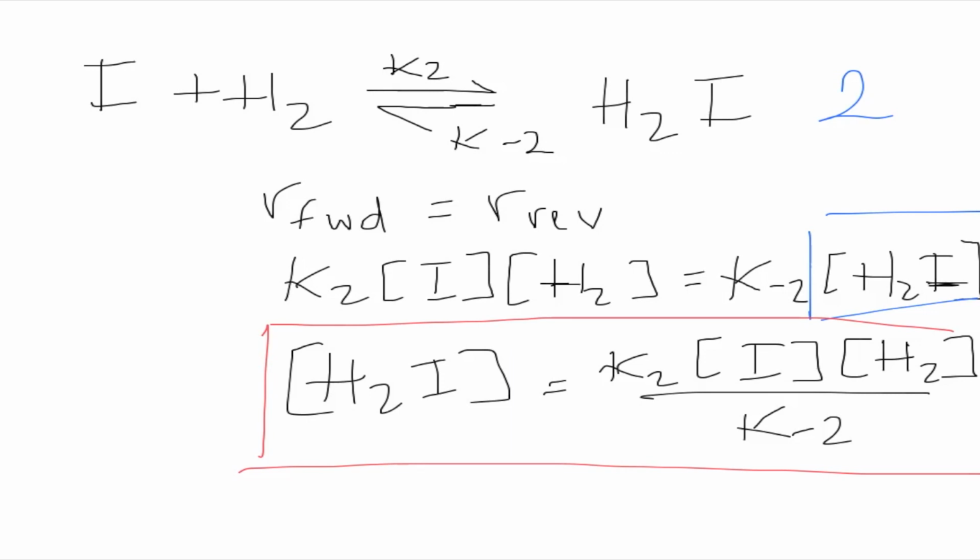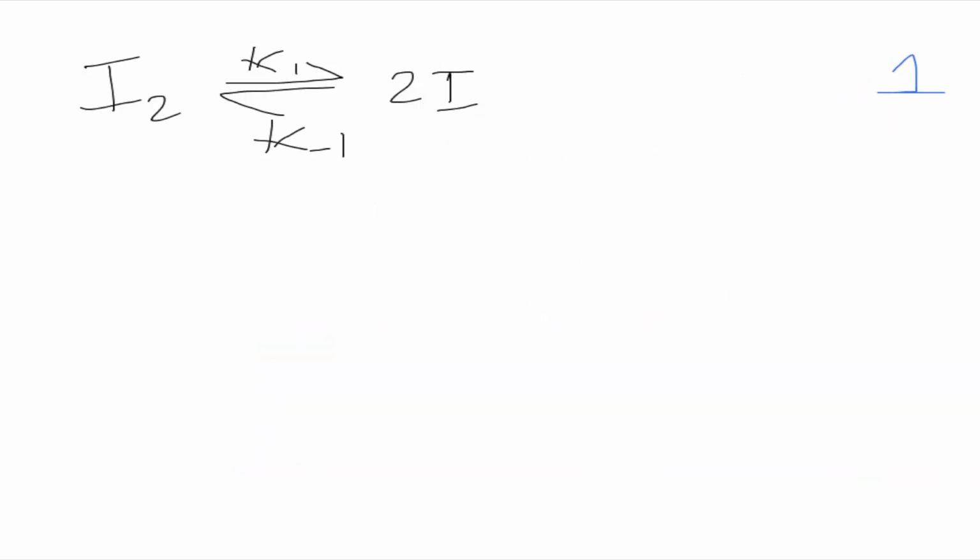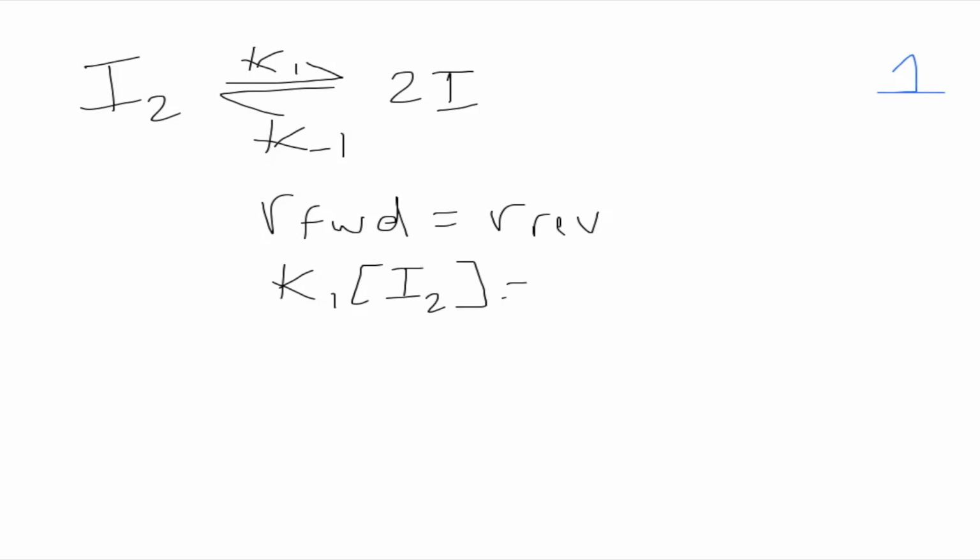So we can do the same for step number 1 to obtain the concentration of iodine. Like before, we have the equilibrium arrows, so we'll do the same as in the previous step. The rate forward is the same as the rate for the reverse. That means K1 times I2 is equal to K-1 times I squared, because we have this coefficient right here.